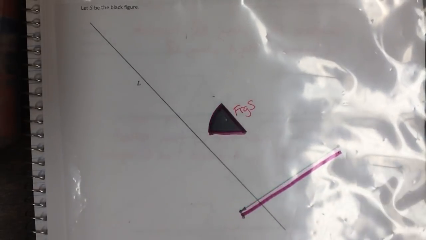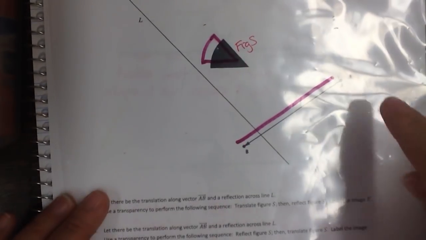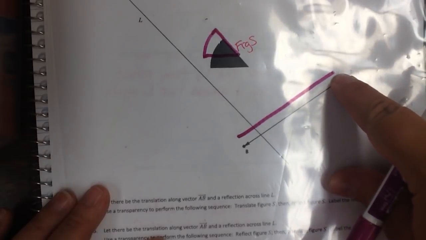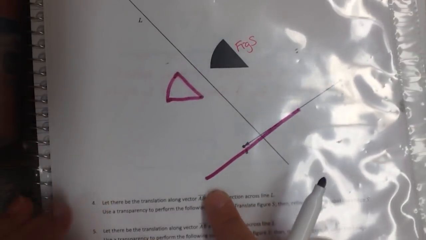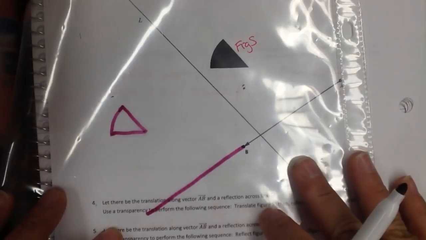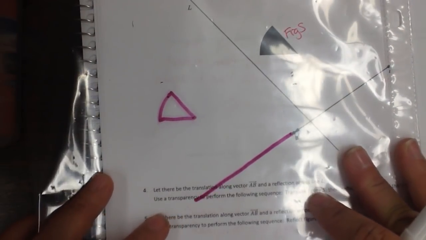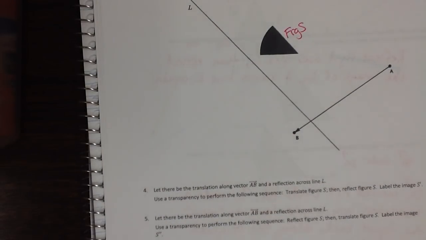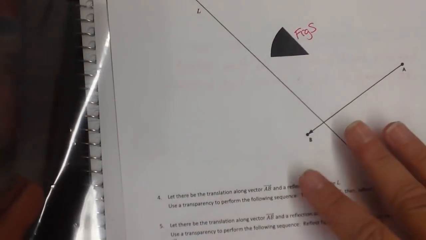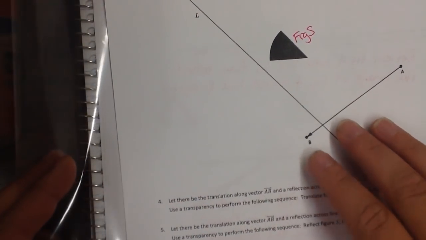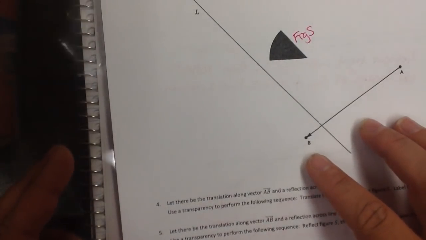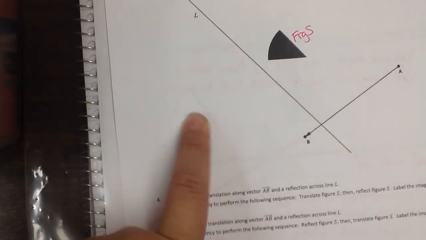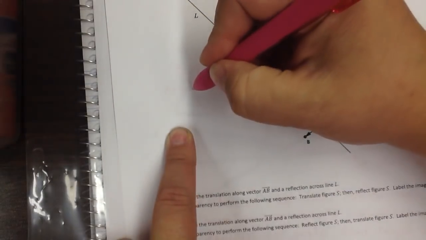Okay, now with the vectors, all you're doing is moving the tail of the vector you drew to the tip of the original vector. So it's going to move like this. So what you would do is take it, put it underneath, line it up, and then trace the figure.